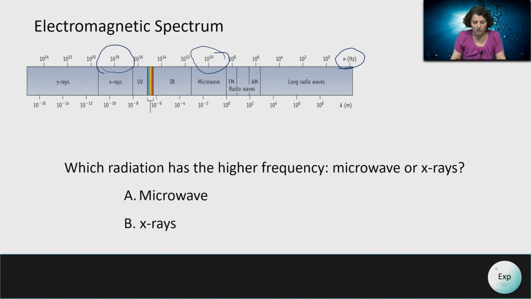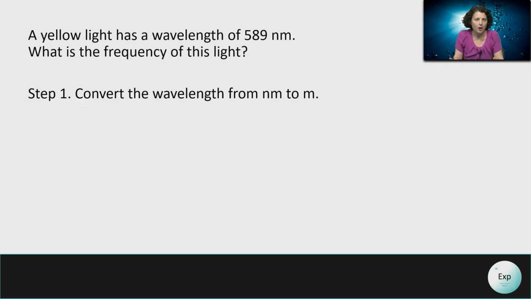Of these two numbers, the larger number belongs to X-rays, and here we find that the higher frequency belongs to X-rays. As our original expression indicated, frequency and wavelength are inversely proportional, and if the wavelength is short, then the frequency will be high.